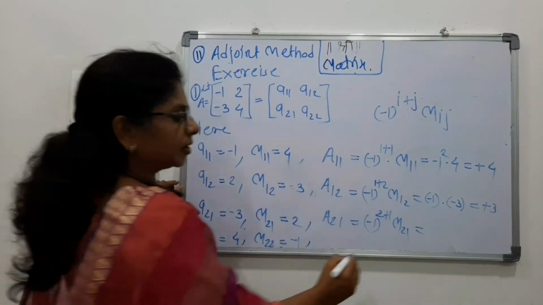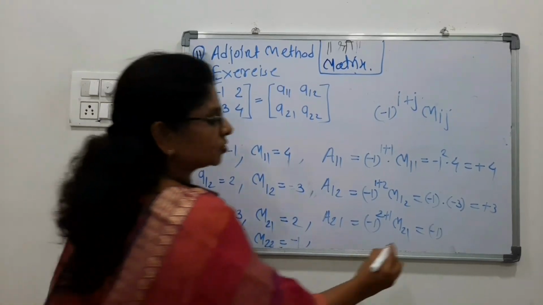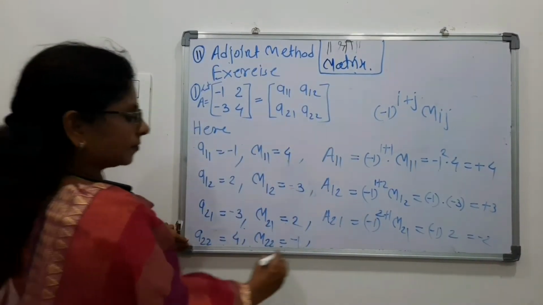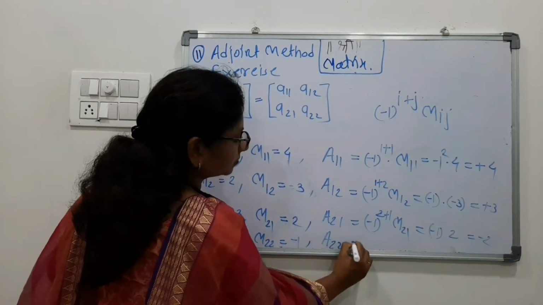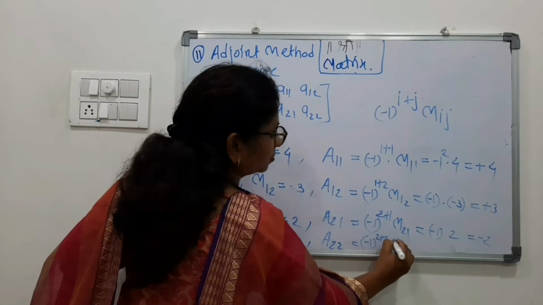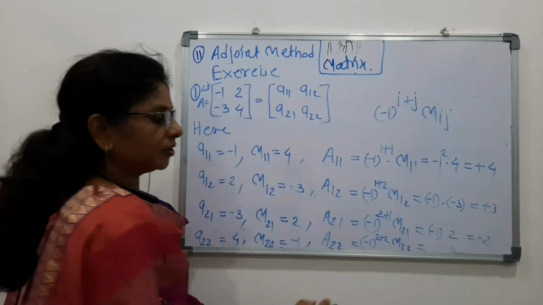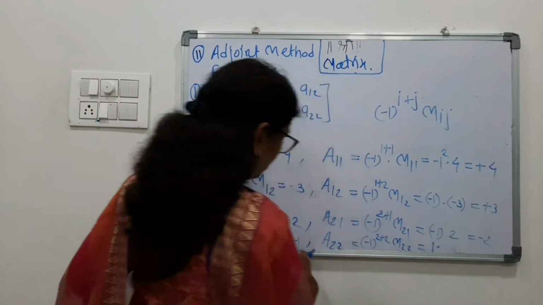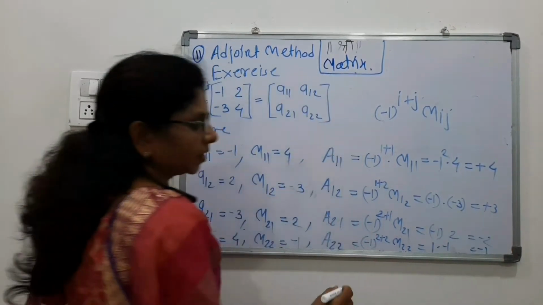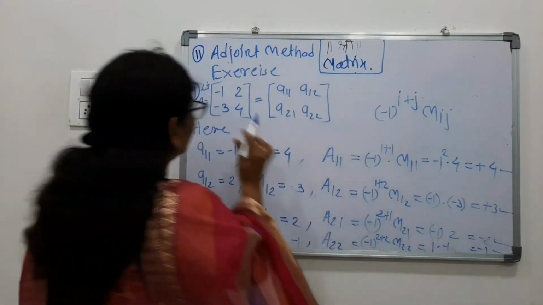So (-1) to the power 3 is again -1, M21 is 2, that is -2. Now the last, A22, is (-1) to the power 2 plus 2 into M22. That is (-1) to the power 4, which is plus 1, so 1 into this -1, that is -1. So these are the cofactors of all the elements of the given matrix.